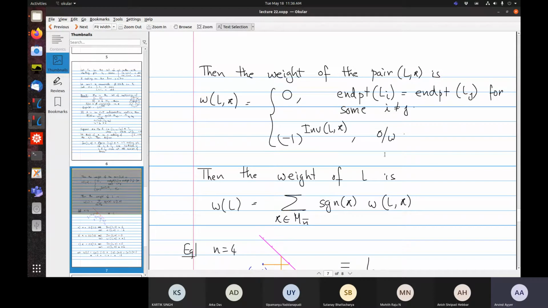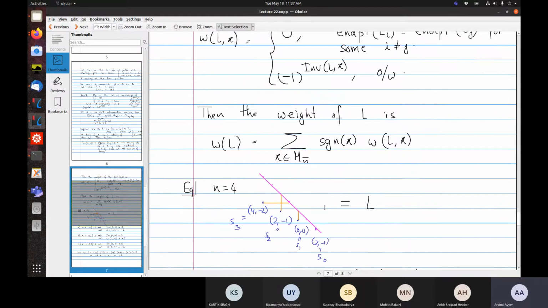Okay, and the weight of a given family of lattice paths is the sum over the matchings of the sign of the matching times the weight, and the sign of the matching, remember, is the number of crossings.